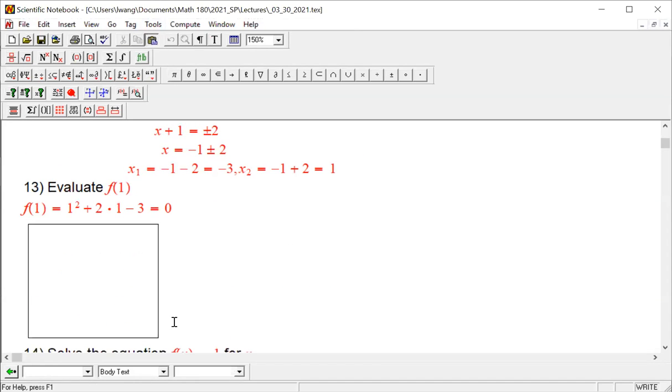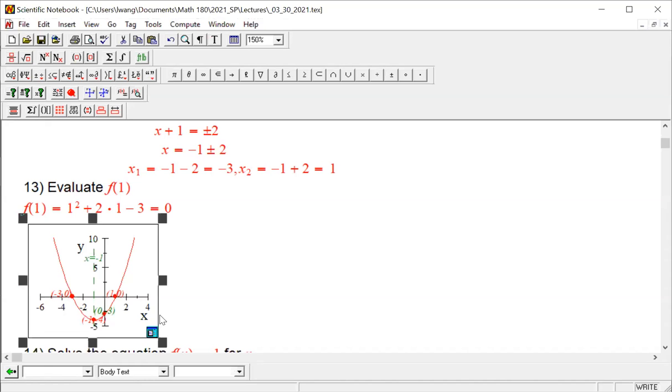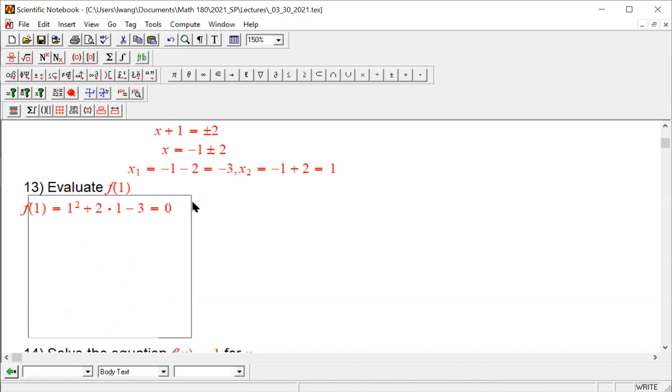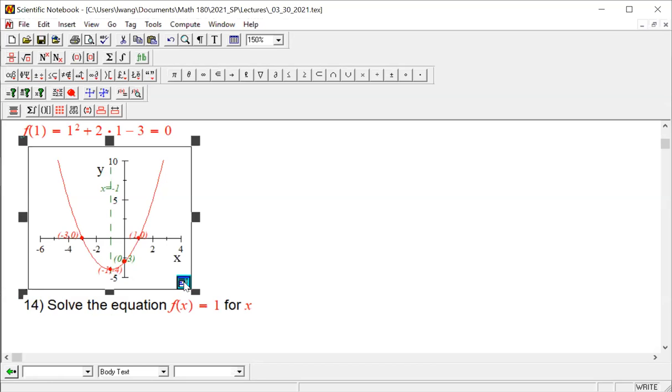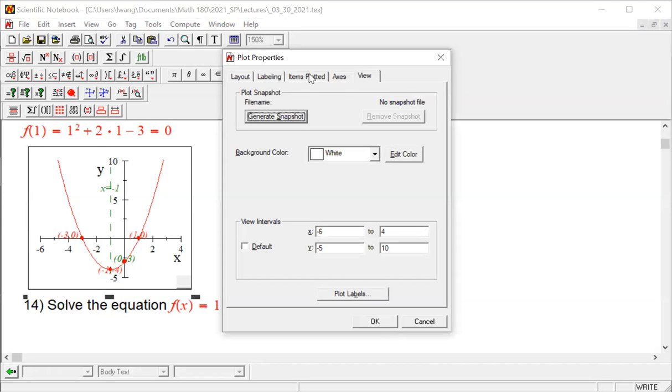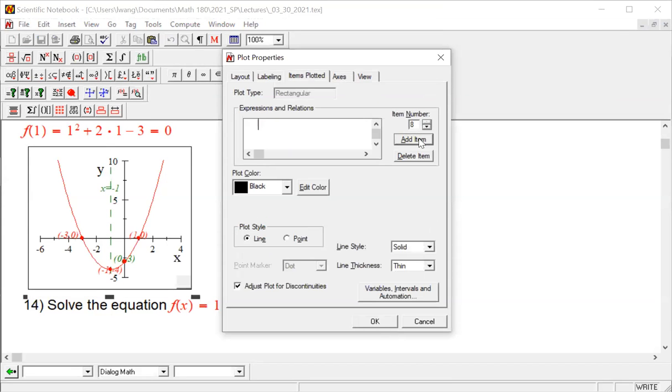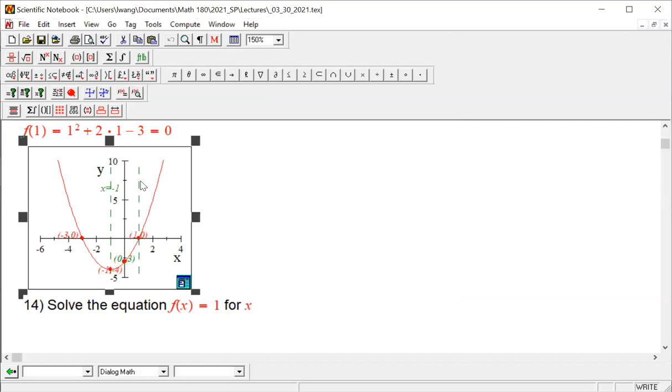So we are going to draw a vertical line. The vertical line crosses the curve right there, right?